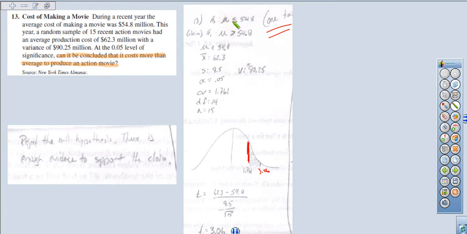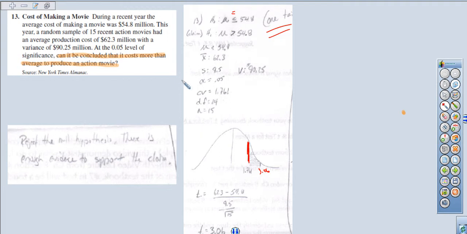A lot of people, instead of putting less than or equal to, it really depends on who's guiding this. You could say the mean is equal to 54.8, or you could say the mean is less than or equal to. Our point is this: our mean is either going to be this, or it's going to be greater than that. Some people will direct that you want to cover both areas.